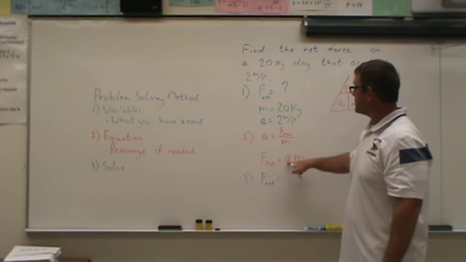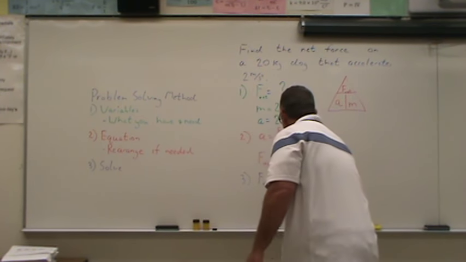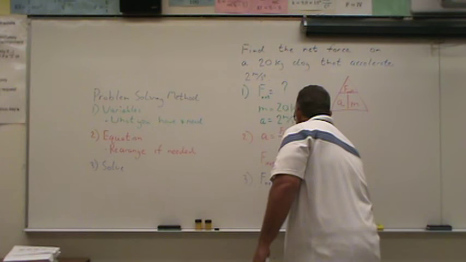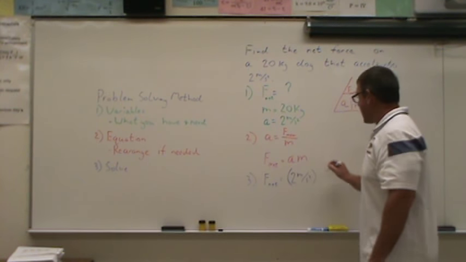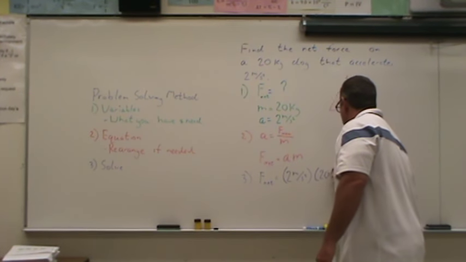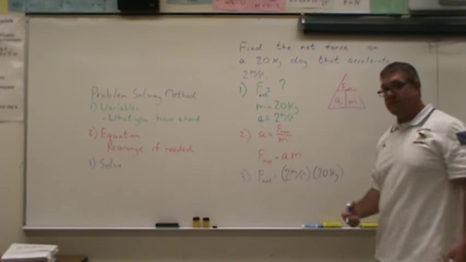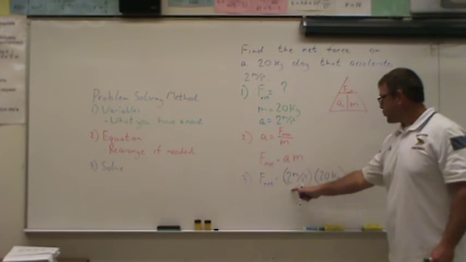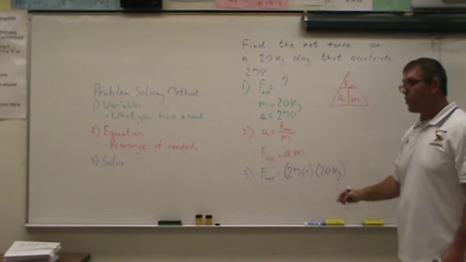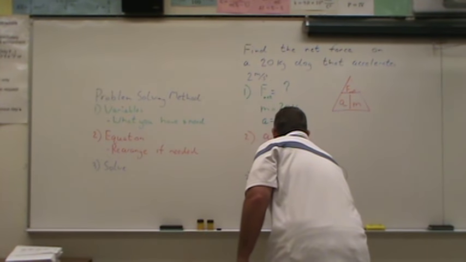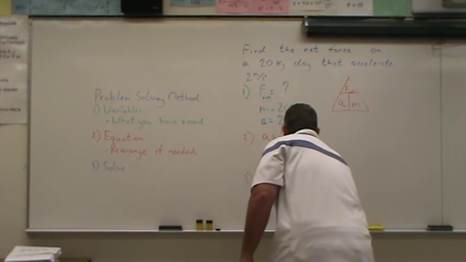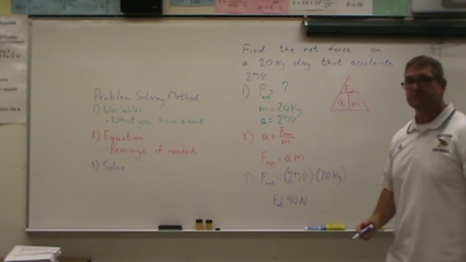We have force net equals A, acceleration, which is 2 meters per second squared, multiplied by M, our mass, 20 kilograms. When they're next to each other, 2 times 20 is 40. In this case, our answer is 40 newtons.